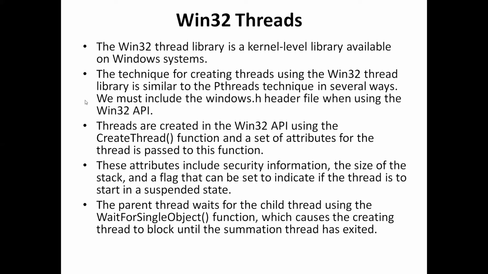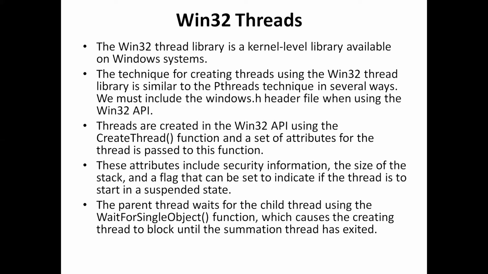Here the technique for creating threads using the Win32 thread library is similar to the pthreads technique. Like how we create threads using pthread, the same way here we create threads using the Win32 library.